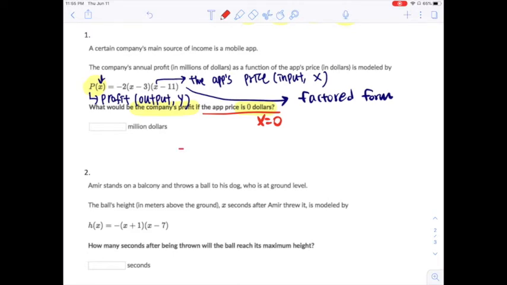So let's do it. -2 times (0 minus 3) times (0 minus 11), then you get -2 times -3 times -11, which is -66, right? So -$66. If the app price is $0, then they lose $66 million. All right.